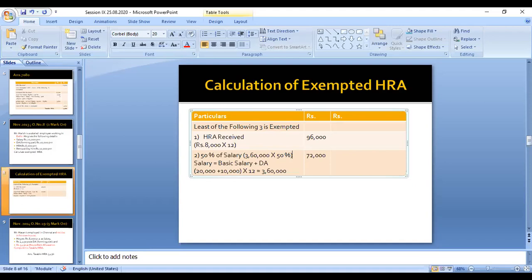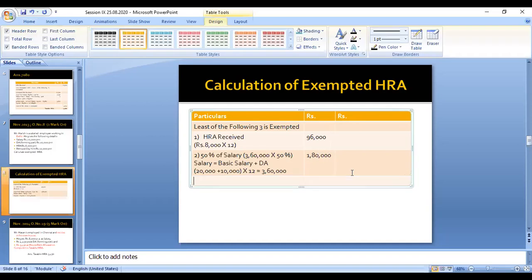You can arrive at that amount, which is 1 lakh 80,000. Okay. Next one, the third amount you have to calculate.